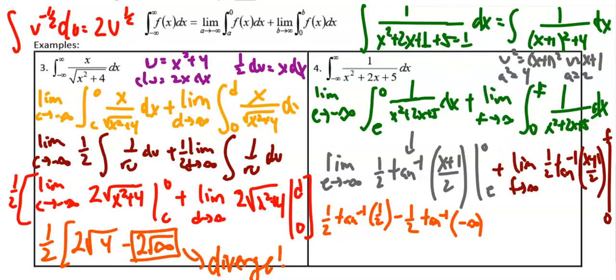So with that being said, we're going to do plus, let's just do it right here. We're going to plug in f first. So 1/2 arctangent of positive infinity plus 1 over 2, which is still positive infinity, minus 1/2 arctangent of, again, 1/2. We're going to plug in 0 to get the 1/2.